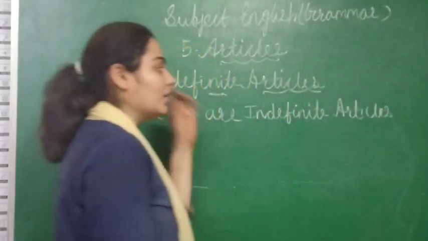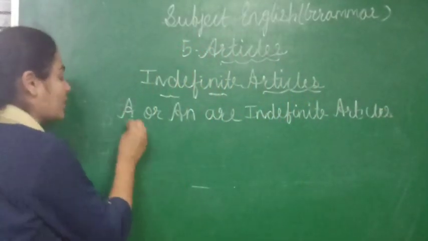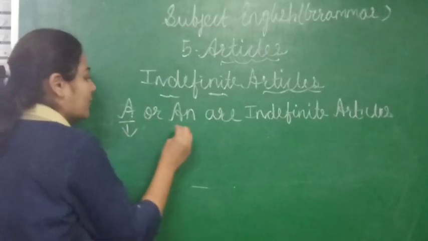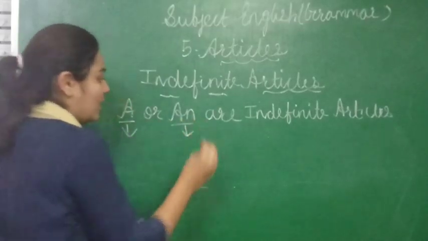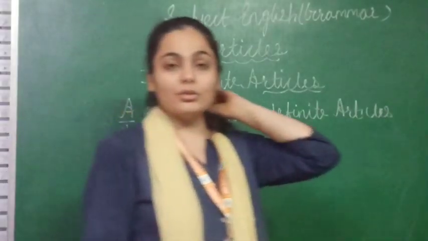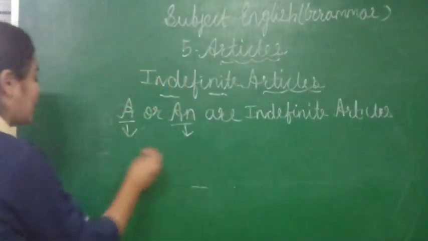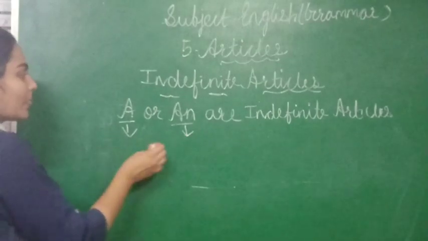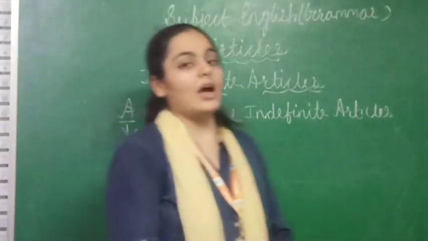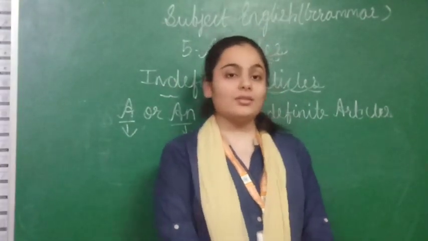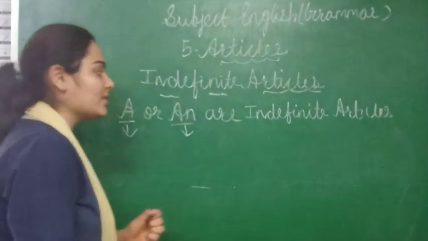Now we will learn where we are using a and where we are using an. We use a with consonants and we use an with vowels. So what are the vowels?